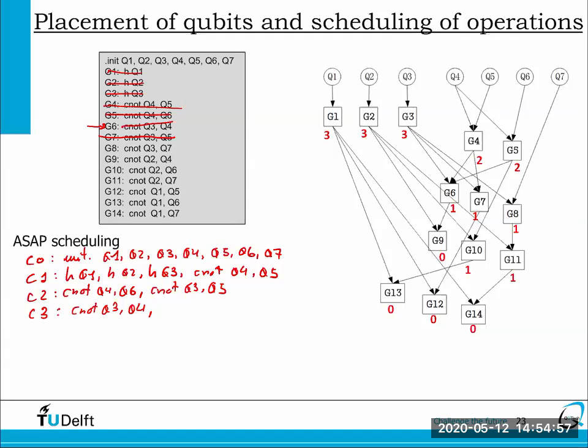Can I put 3, 7 in the same cycle? C naught, Q3, Q7? No, we're already using Q3. You're using Q3, Q2, Q4. Let me see. No, because I'm using Q4 too. Can I put Q6? Yes, Q2, Q6.